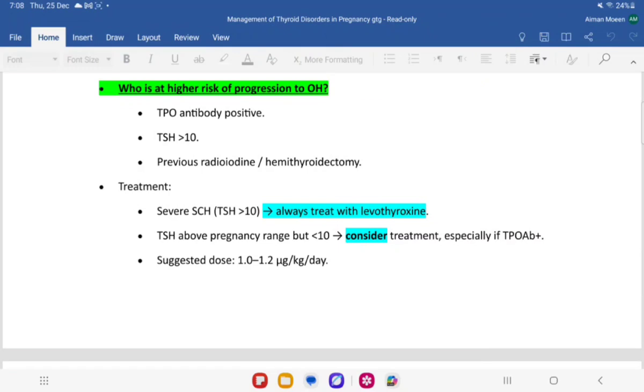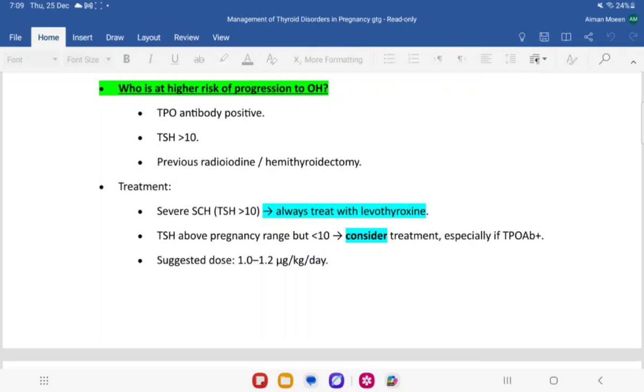Okay. But if the TSH is above the range but less than 10, what was the range in pregnancy? 4. It means if it is more than 4 but less than 10, we can consider treatment, especially if the thyroid peroxidase antibodies are present.